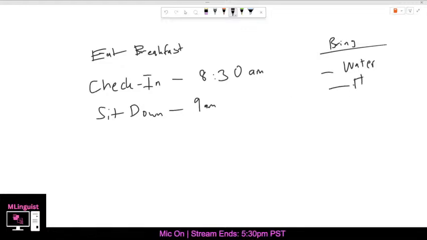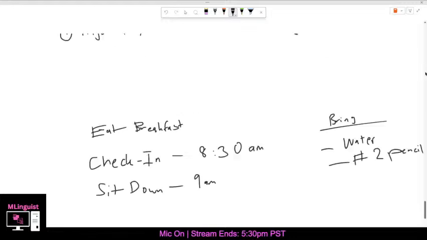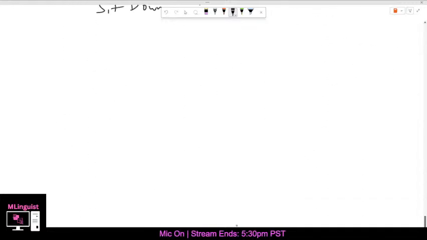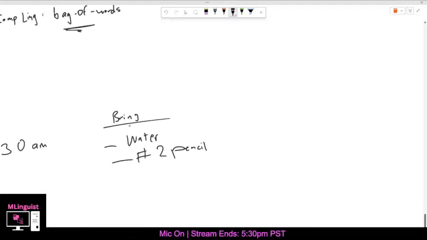Number 2 pencils. So we need to bring water, number 2 pencils, an eraser, and I think that's it. You need number 2 pencils and an eraser in order to mark your answer sheets.